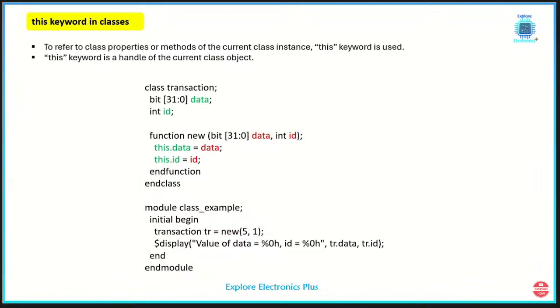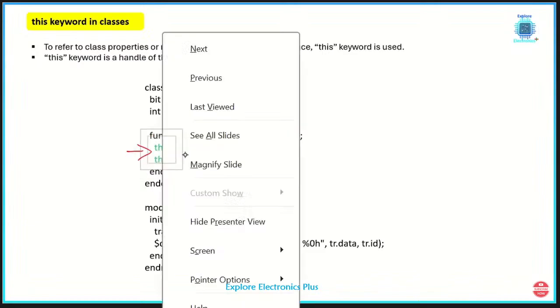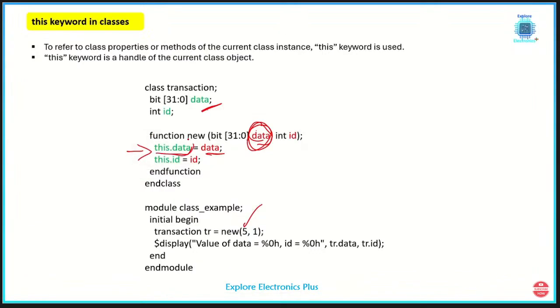And we want to pass this information to the variable of the class. How will we do that inside a function? Whatever data we got through the function call will be assigned as this.data is equal to data. So the data we have as an internal variable of the function is this, and we are assigning that to the class property through the this keyword. The this keyword says that whenever we use a variable data through this, it represents a property of that particular class.